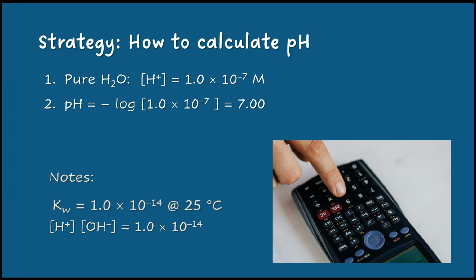The mass action expression shows us that the molarity of H plus times the molarity of OH minus equals 1.0 times 10 to the negative 14. This means that both H plus and OH minus are at 1.0 times 10 to the negative 7 molar in pure water. If we take the negative log of this value, we then get a pH of 7.00.